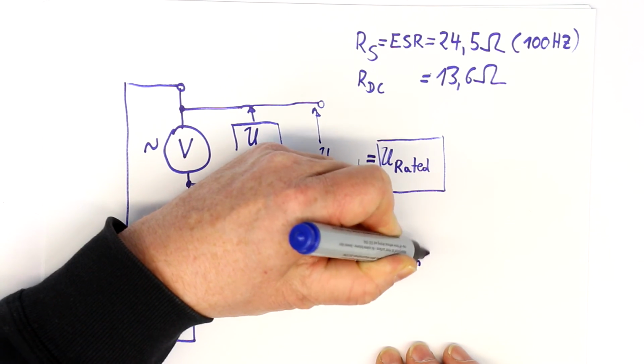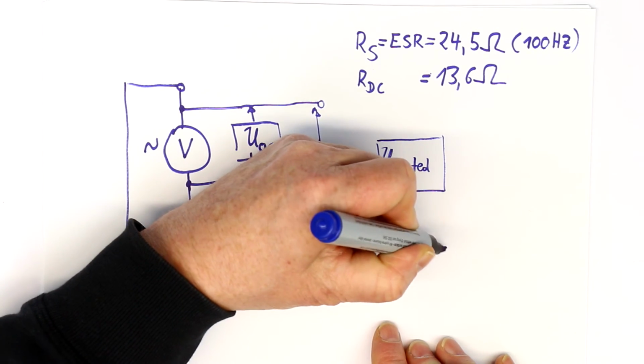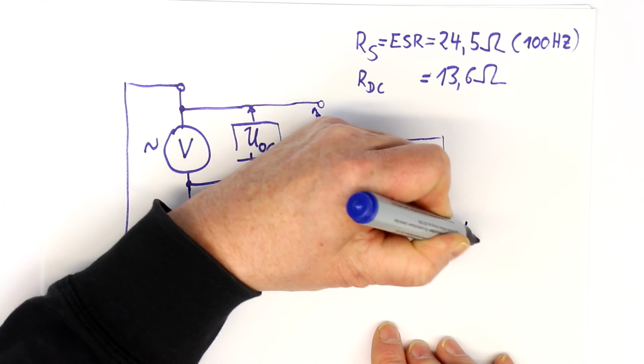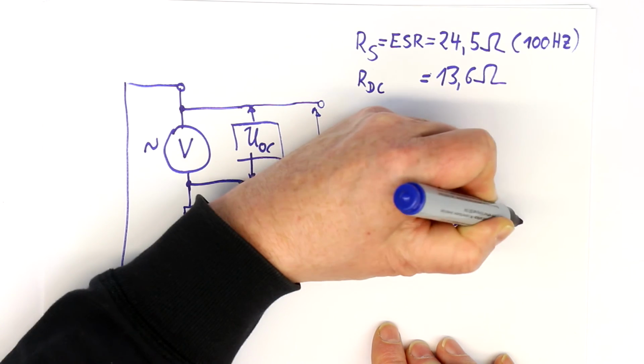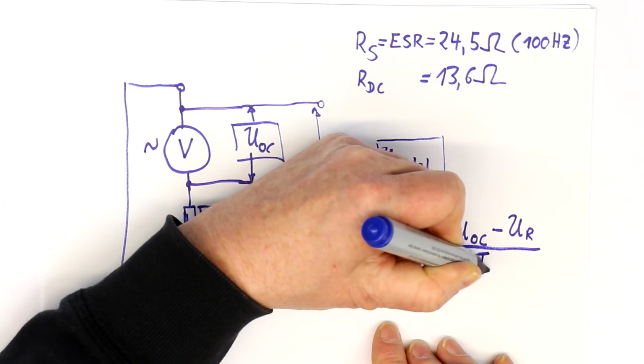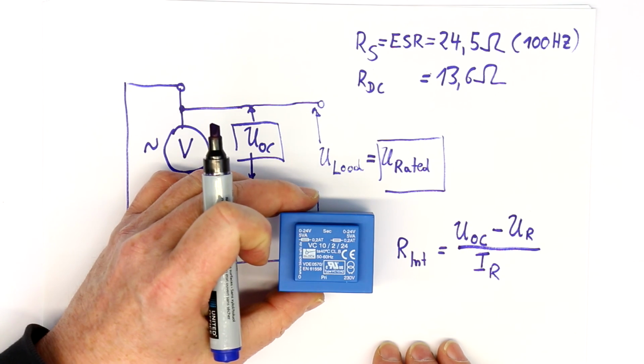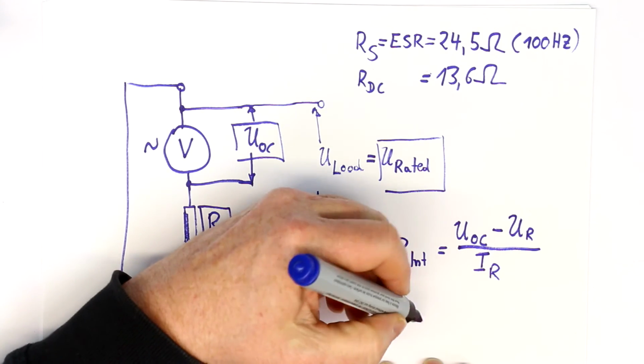The formula is quite simple. The internal resistance equals the open circuit voltage minus the rated voltage, divided by the rated current. And for this transformer we have the values at hand.